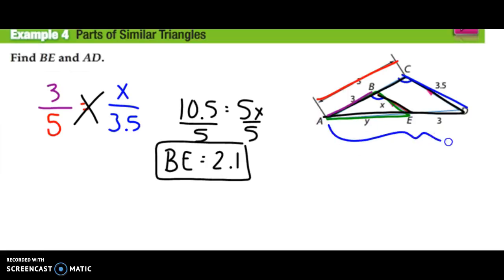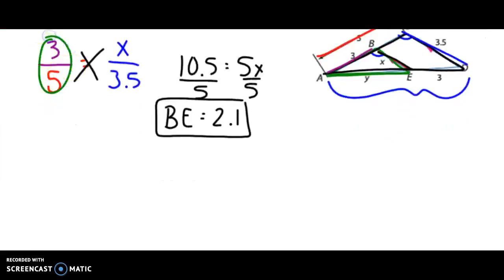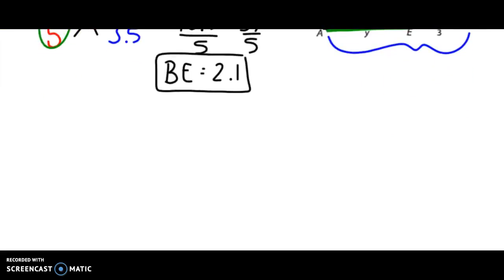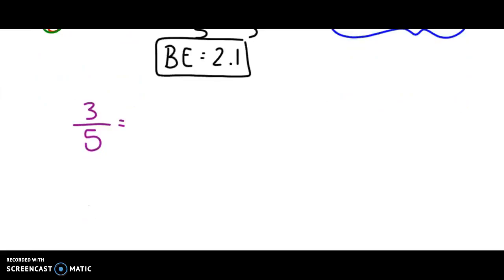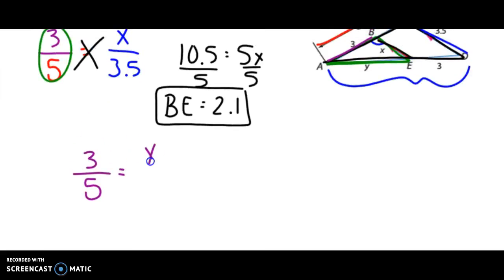Well, if I want to find the whole thing AD, I'm going to first have to set up my proportion and say AE over AD. So I'll use the same proportion 3 over 5 that I used before, because that still holds true. 3 over 5 is going to be equal to AE, which is y, over AD, which is y plus 3. And now it's a proportion problem. I cross multiply. 3 times y is 3y plus 3 times 3 is 9.